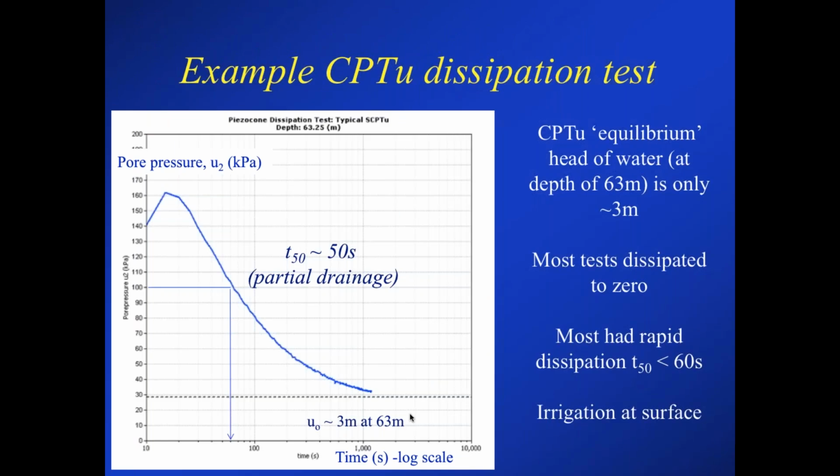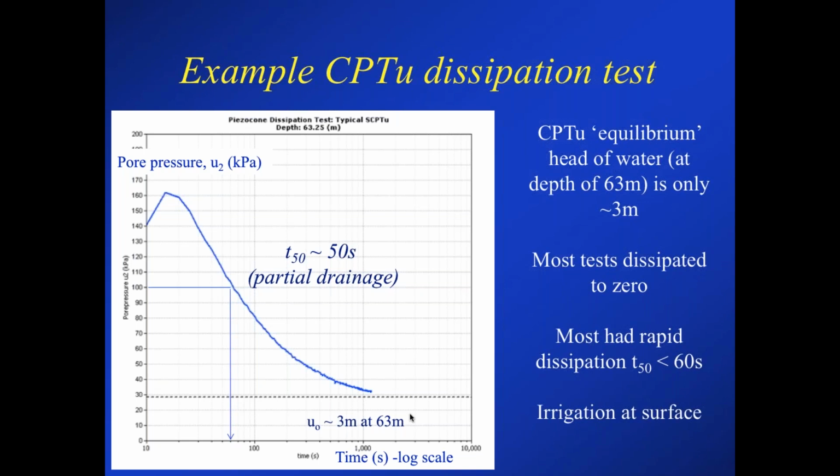When I did the webinar on dissipation tests, one of the comments I made is one of the nice things about dissipation tests is, although it may not start off saturated, it does tend to move towards saturation with time. And it is going to a positive value. In this particular case, it's only 3 meters or 30 kPa, but it is heading towards a positive value, which means it is close to being saturated around the cone.